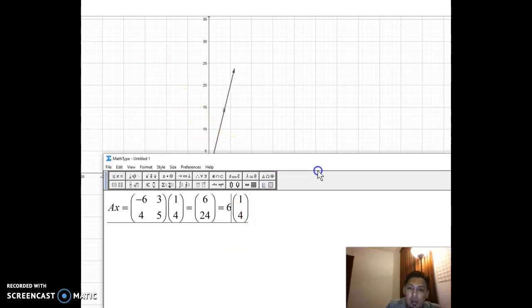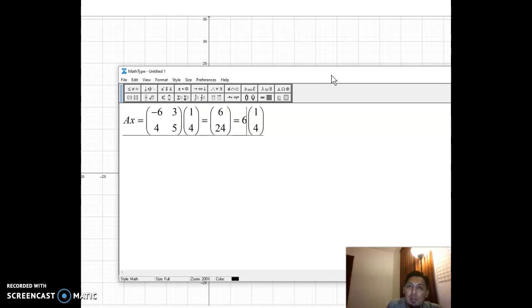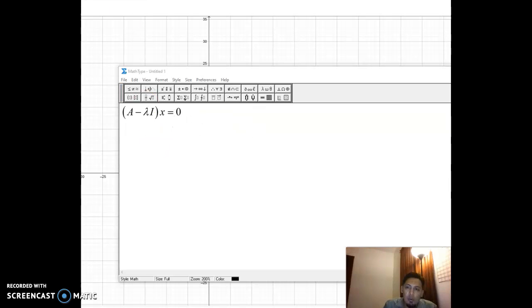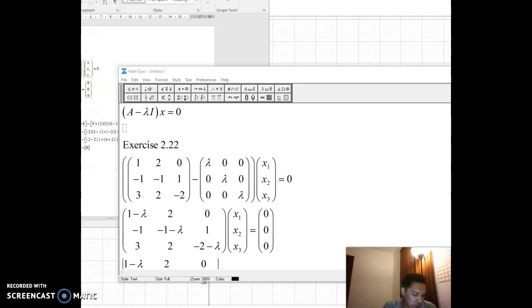So let's try to do the real example, which is not 2 by 2. We are going to do 3 by 3. Basically this is the formula that we're going to use, as we discussed before. Now I will input the question. Okay guys, please refer to question 1 Roman, exercise 2.22.